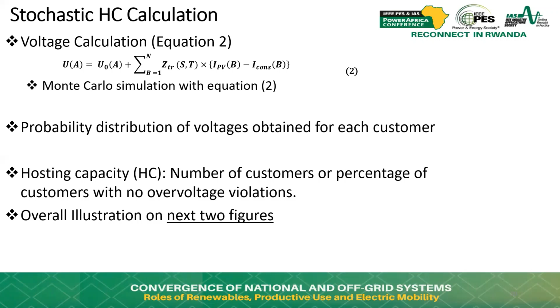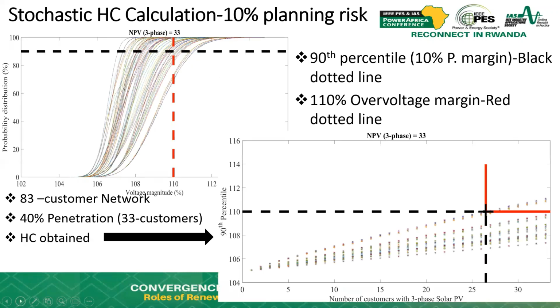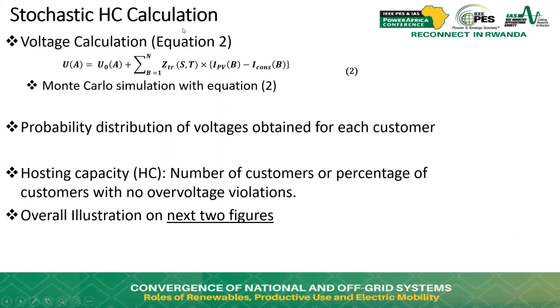But one thing that also has to be realized is that the penetration will increase from one customer to the 83rd customer. So we have an illustration of the voltages obtained with the application of the voltage calculation, Monte Carlo simulation, and the transfer impedance using the superposition theorem.